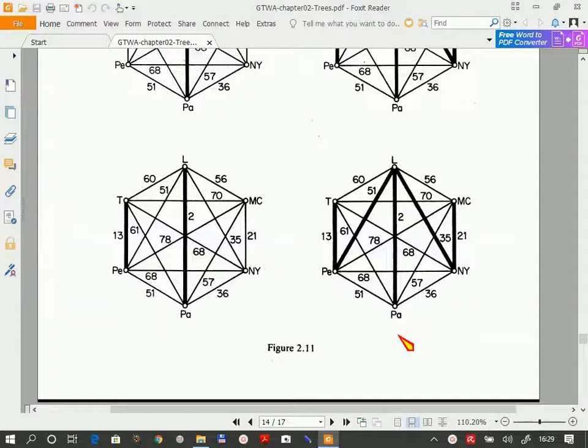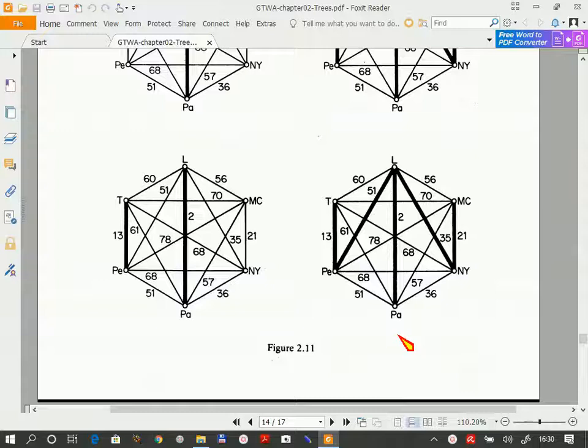Putting all weights is a bit tedious. Anyway, 36, 57, 51, 61, 2, and 2.